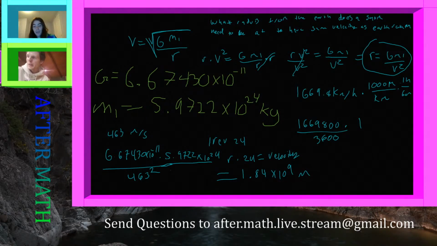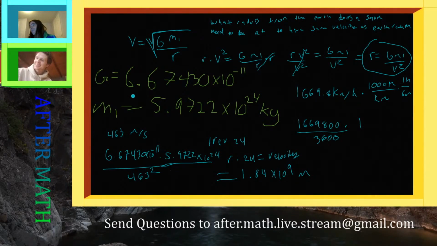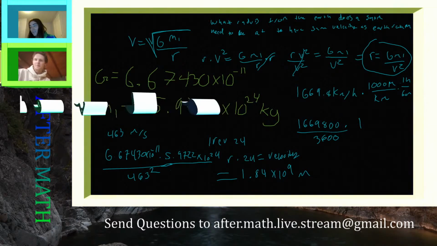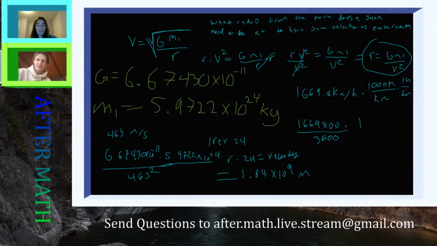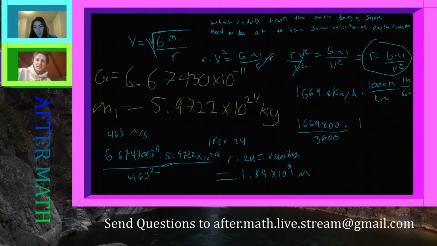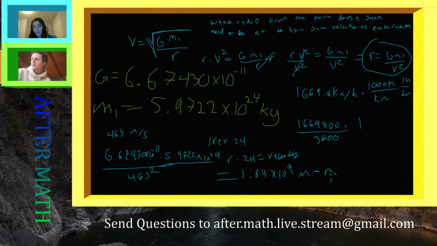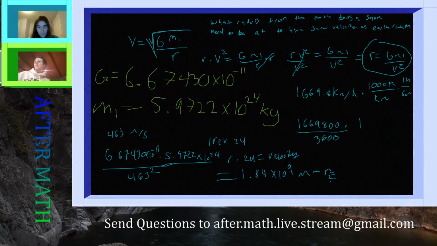I think we're good enough. This question is solved, but if we wanted to figure this out from the Earth's surface, all we'd have to do is subtract the radius of the Earth, the distance from the center to the surface. Exactly. Cool.